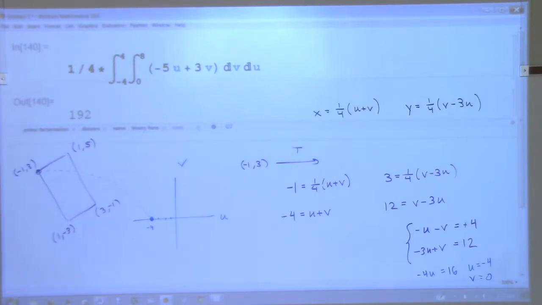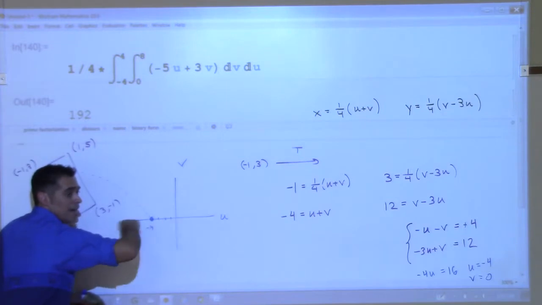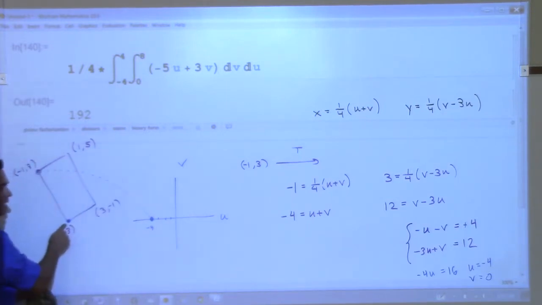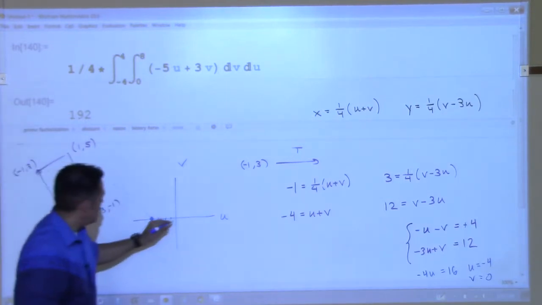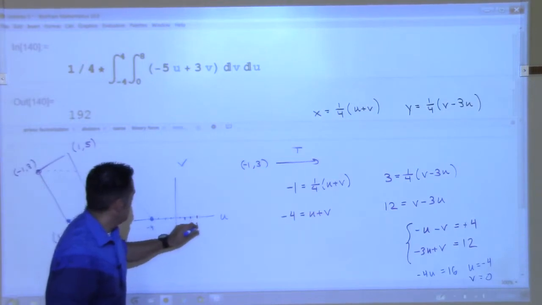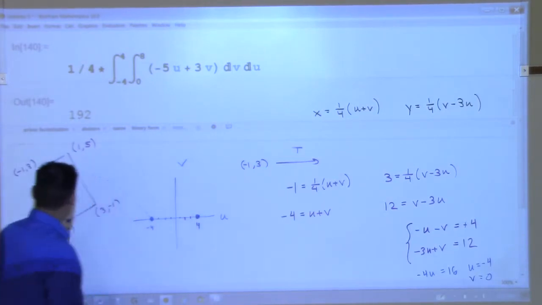Let's see, where would this point get mapped to? Let's not do the work, but let's think about it. Where did this line go to? This line went to the u-axis, right? So this would be the end of it, which would have been at positive 4, right? So that point would get mapped here.